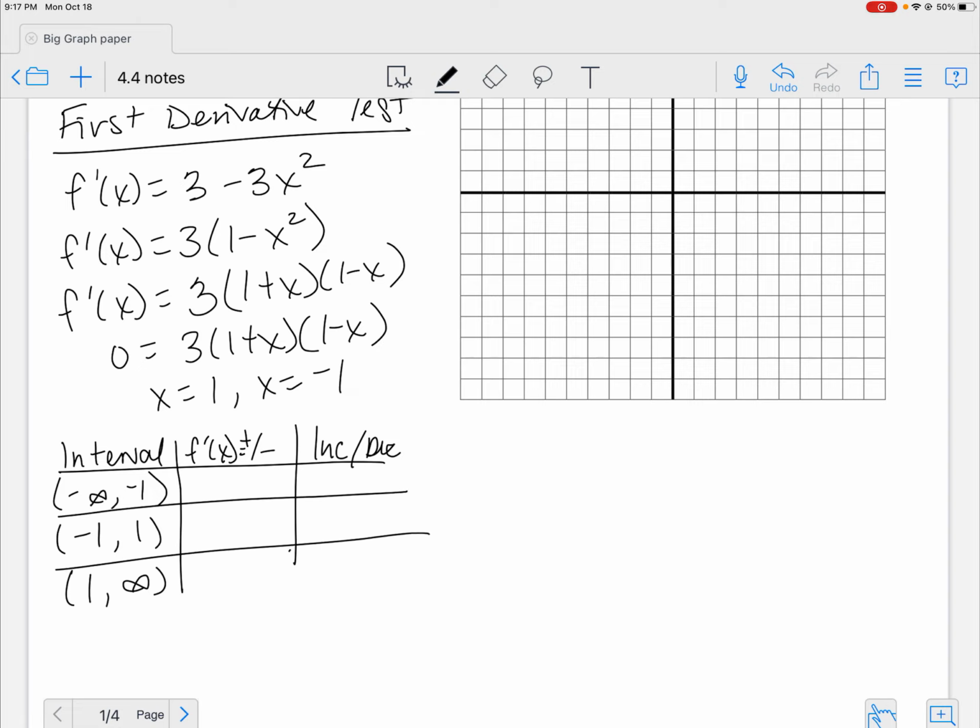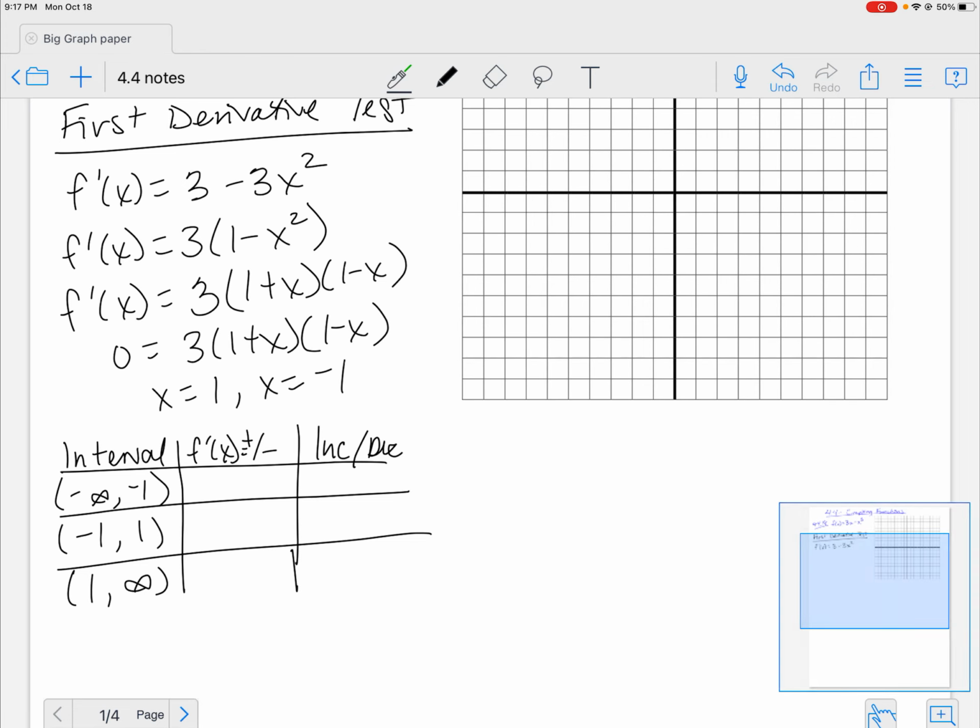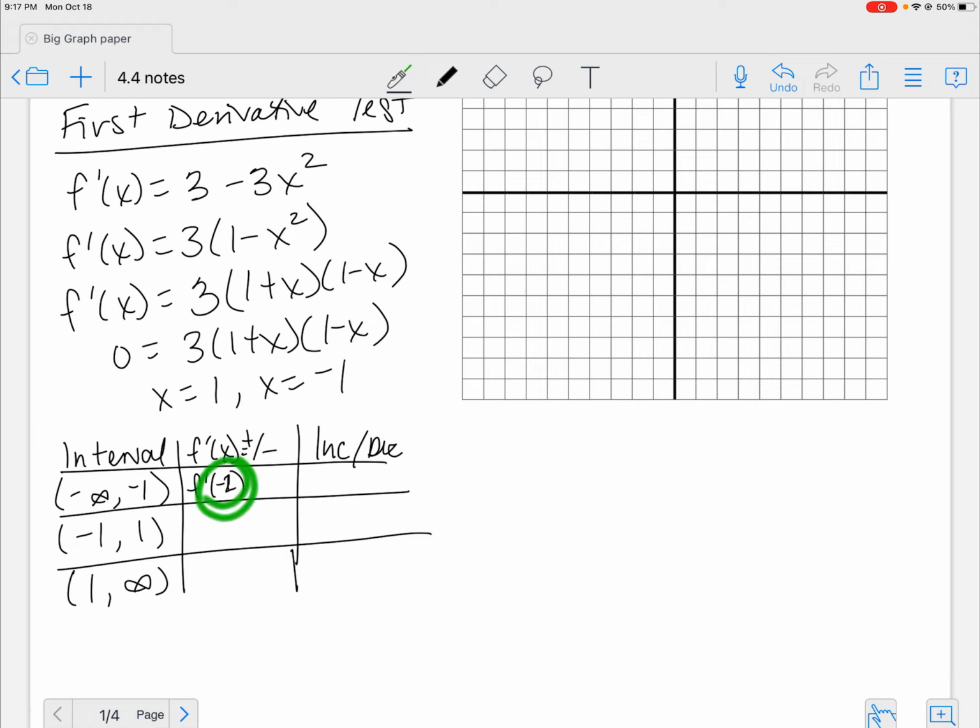Now remember, when you're filling out these charts, all you're concerned about here is if it's positive or negative. So we want to try to find something that's easy to work with. Well, if I'm looking at this, f prime of negative 2 will fit that bill. So I'm going to take negative 2 and plug it in. I know that I'm going to have negative 2 times positive 1, which is a negative.